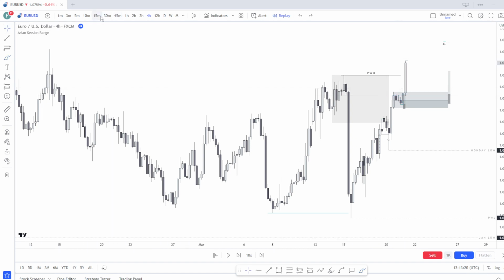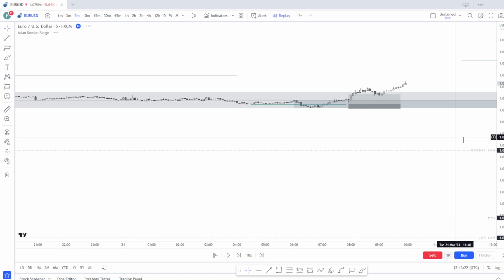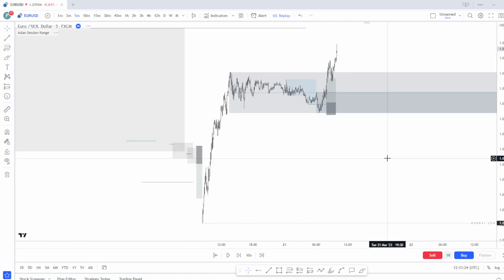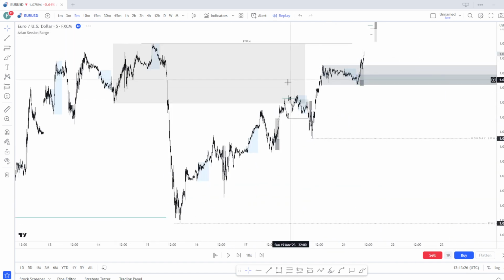I am still looking for buys, to be honest, because we still have that intent to move upwards. Look, we still have this zone here. I would have preferred this to come down into here. This wasn't that high probability, but the way it formed I liked.